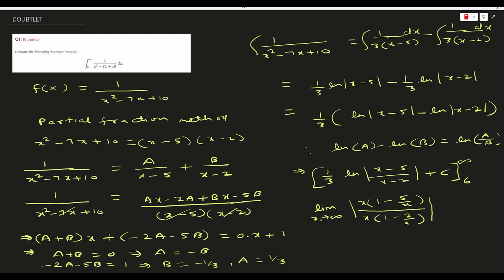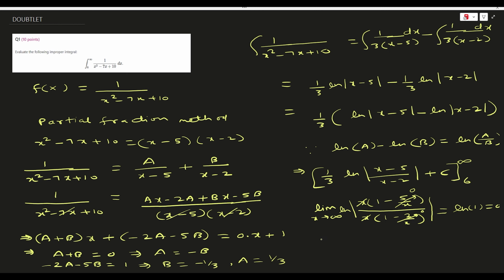We know that if we put x is equal to infinity, this x will be cancelled by this, and both these terms will approach 0, because 5 upon infinity is 0 and 2 upon infinity is also 0. It will become 1 by 1, so it will basically become ln 1. So ln 1 value will be 0.